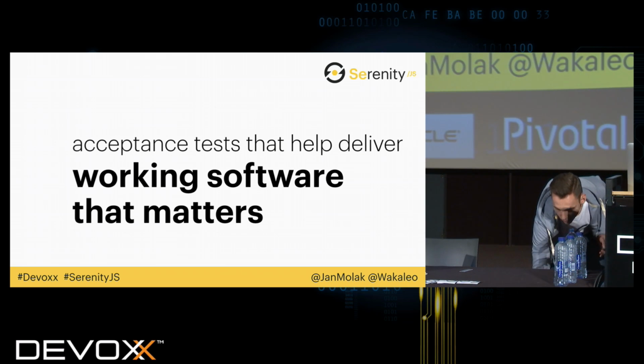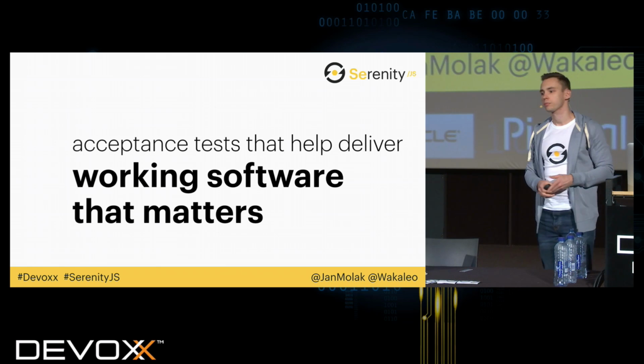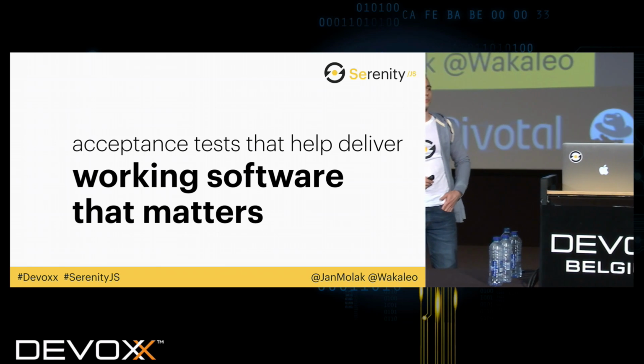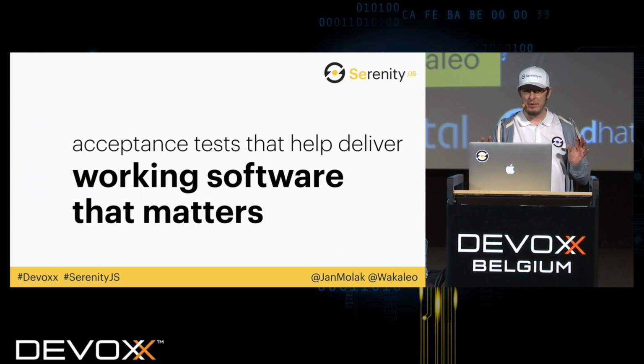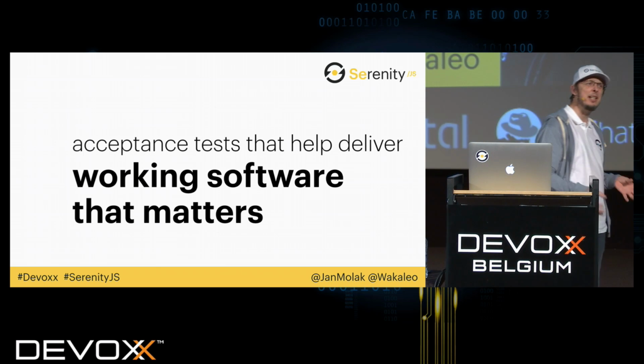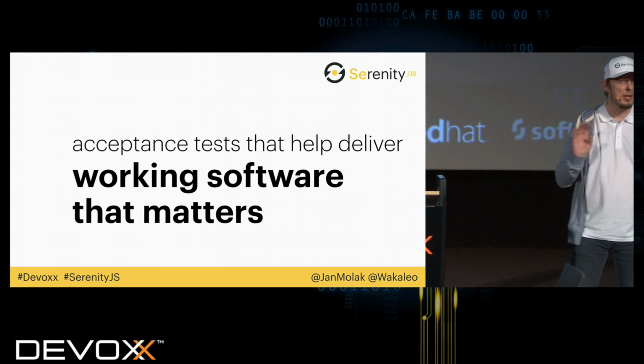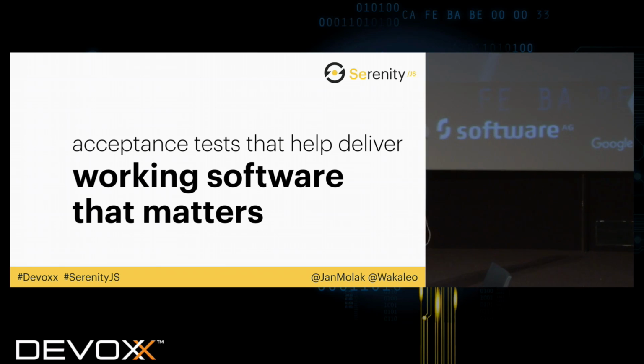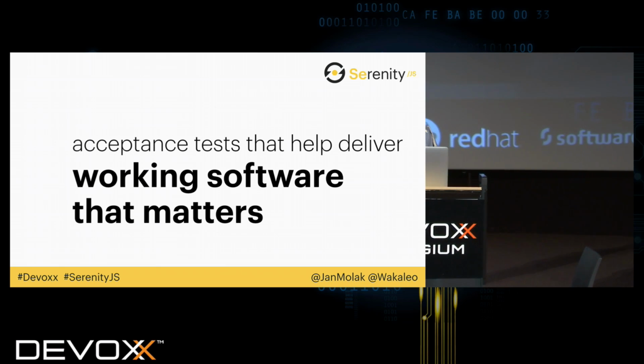What we're really trying to achieve here is to bring to the table some of the advances we've seen in other areas of automated acceptance criteria to the JavaScript world, because we've found that it seems to be lagging a little bit behind in a lot of these areas.